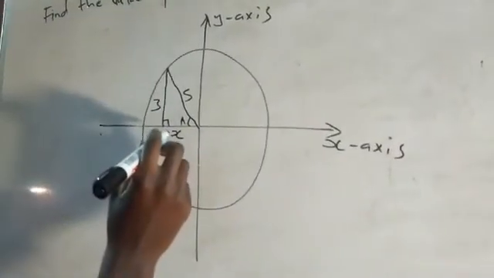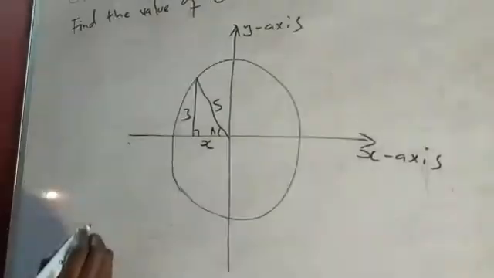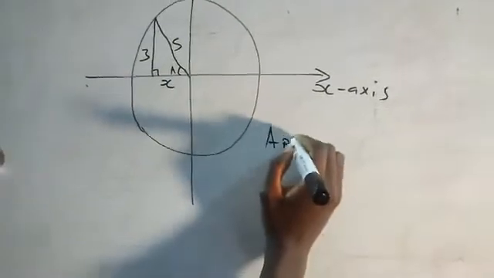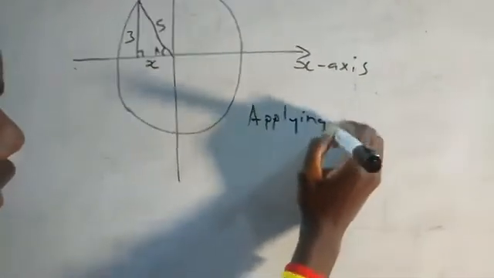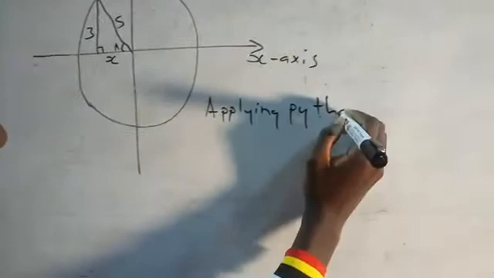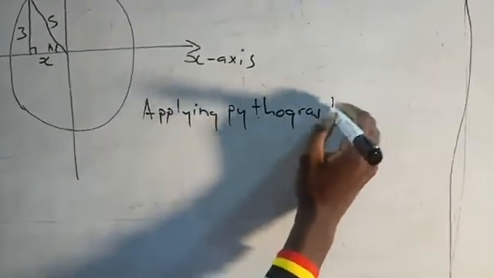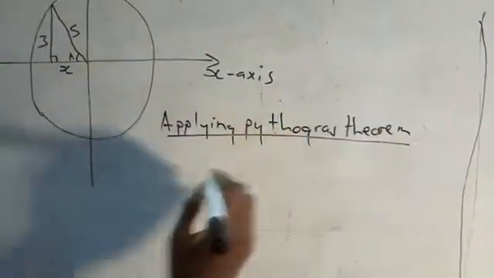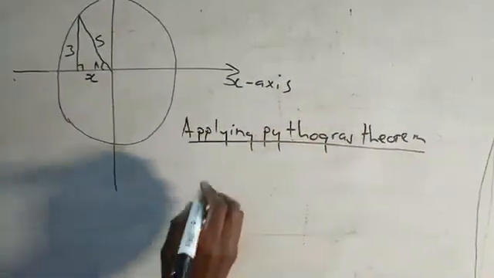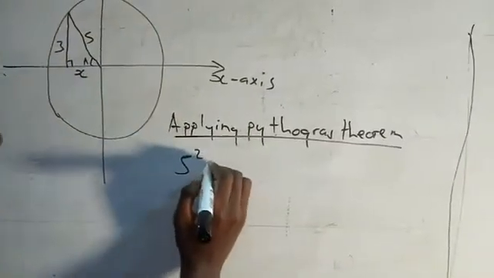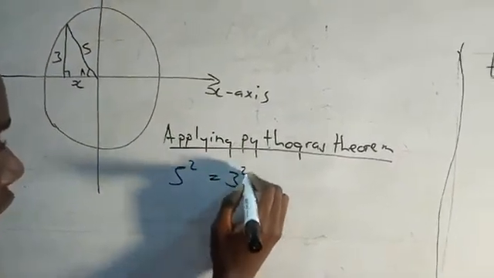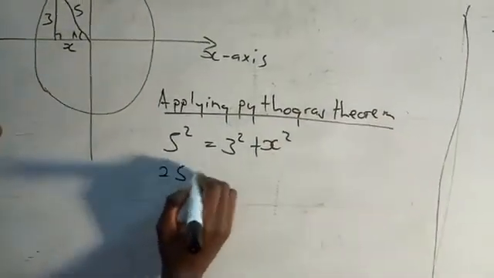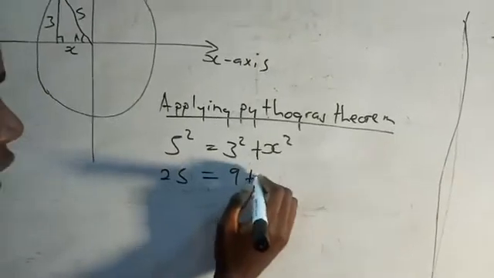Applying Pythagoras theorem, we shall find the value of x as 5 squared is equal to 3 squared plus x squared, becoming 25 equal to 9 plus x squared.